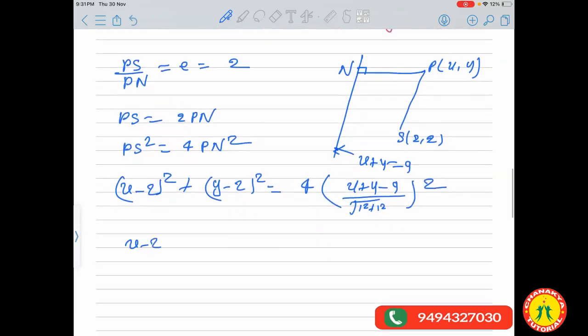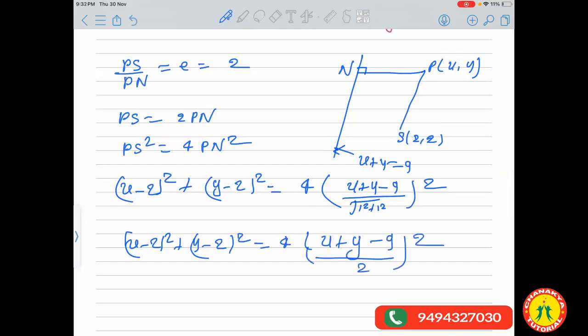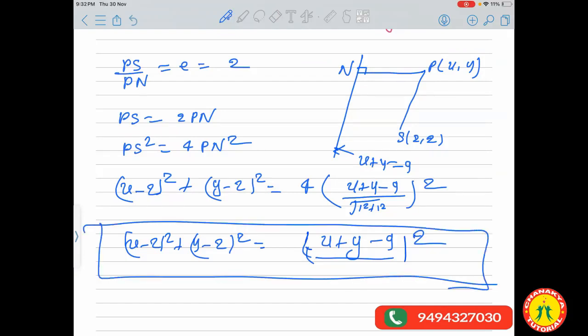Let's solve: (x minus 2)² plus (y minus 2)² is equal to 4 times ((x plus y minus 9) upon root 2) whole square. 4 and 2 cancel out, so square and apply the (a plus b plus c)² formula and get the simplified answer. We need not solve it fully, this is the approach for this question.